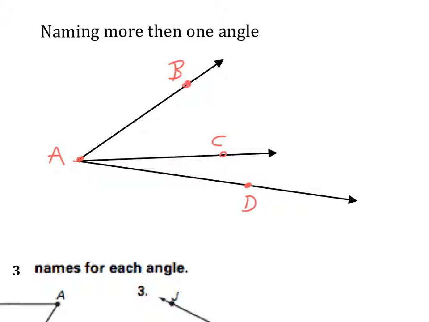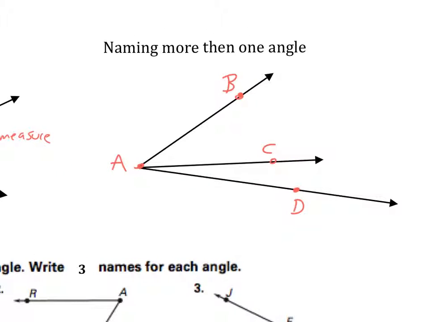All right, so how do we name these ones? Well, this first one right here, that's kind of hanging out within this region of the blue that I marked, is called angle BAC. Notice I start at B, I bounce off A, and go towards C. So it's just inside that blue. That's the stuff we're talking about.